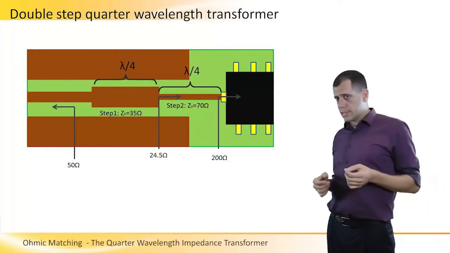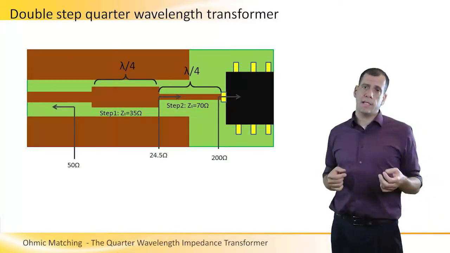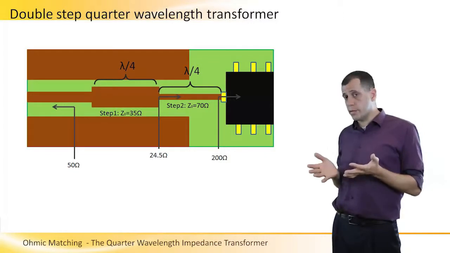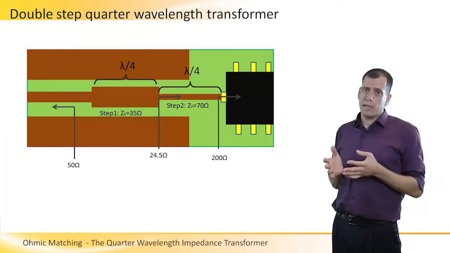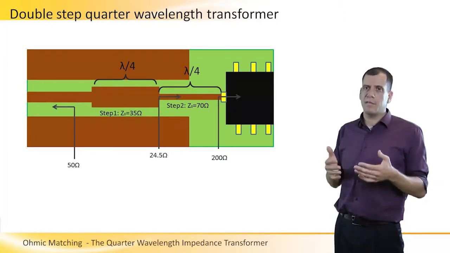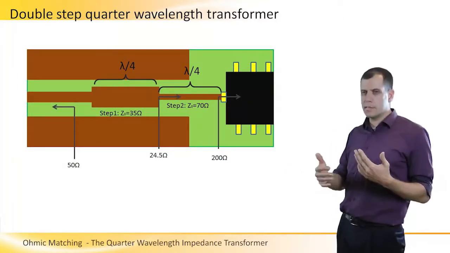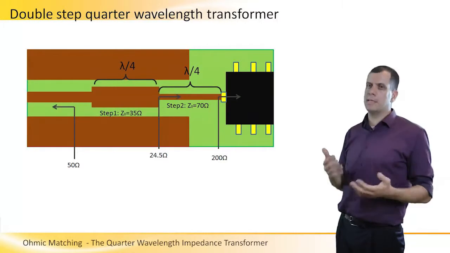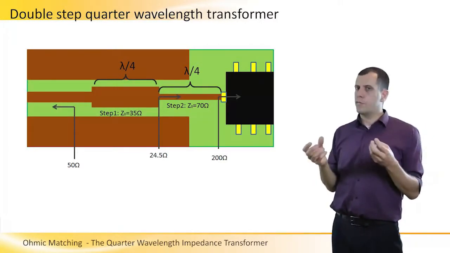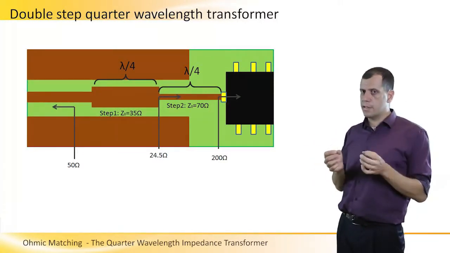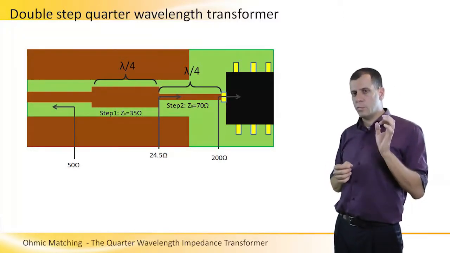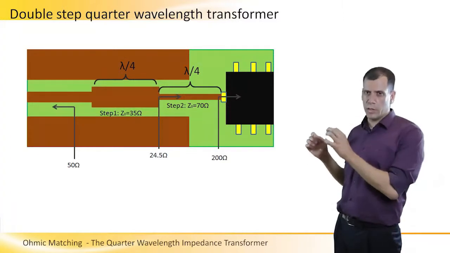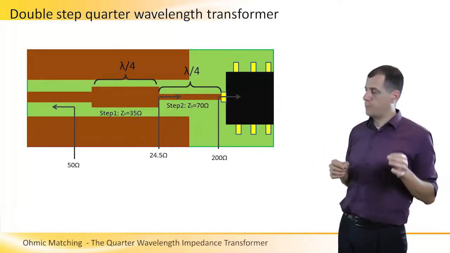Also, at high frequencies, there's also a limitation for the width of the line that we can use, because the width becomes non-negligible relative to the length of the line. And this is not a simple model of a transmission line, and we have to consider that, and we have to be very cautious when we design this at very high frequencies.